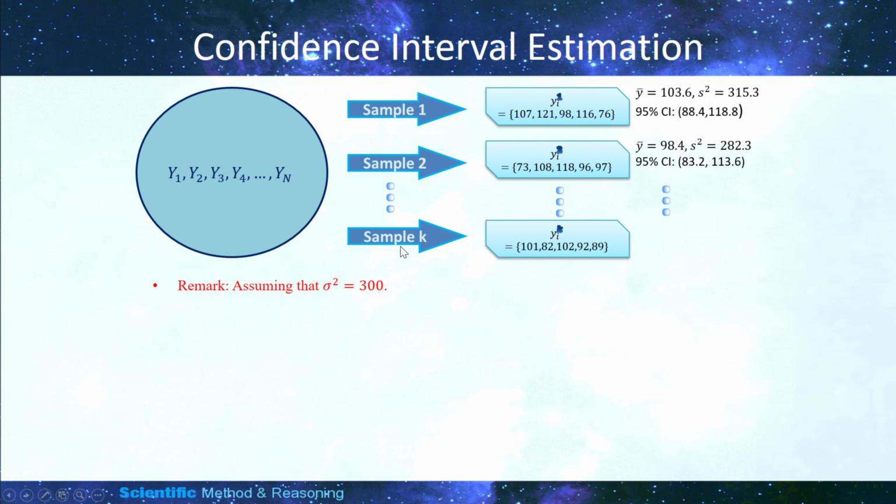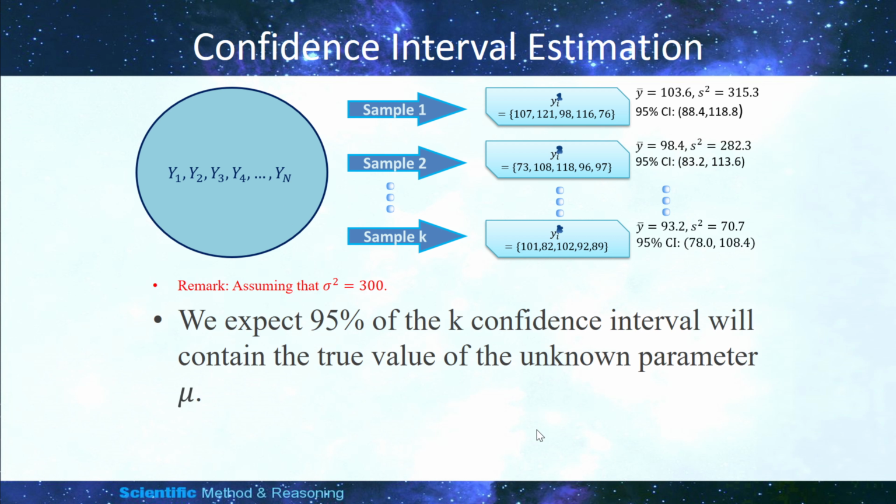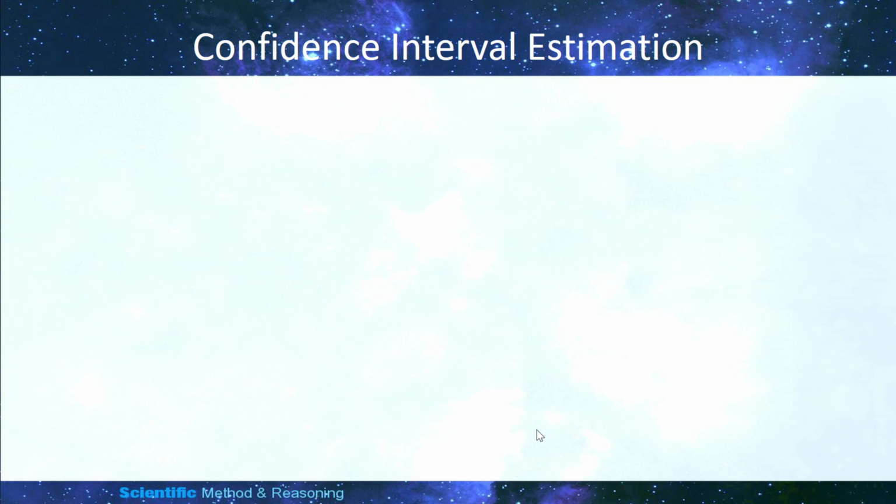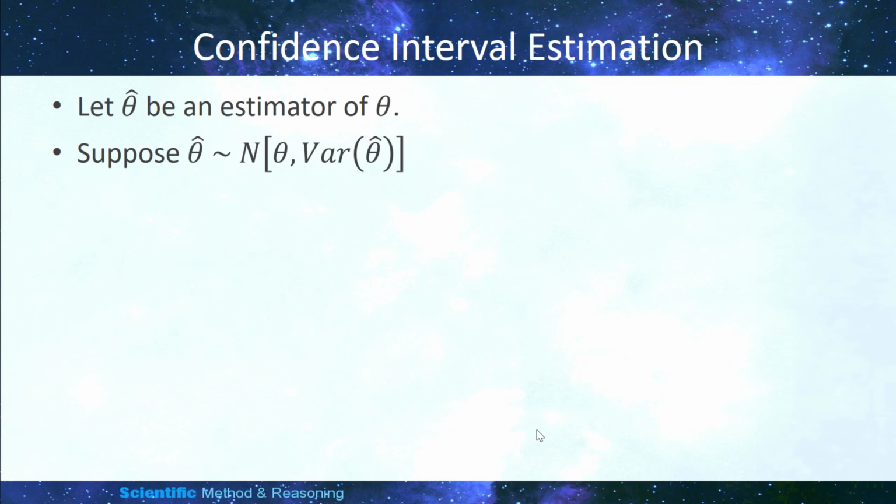Therefore, if we have k such samples, then we will have k confidence intervals, and a 95% confidence interval simply means that 95% of these k intervals will contain the true parameter theta. But that doesn't help us much. But the generic interpretation is very useful.